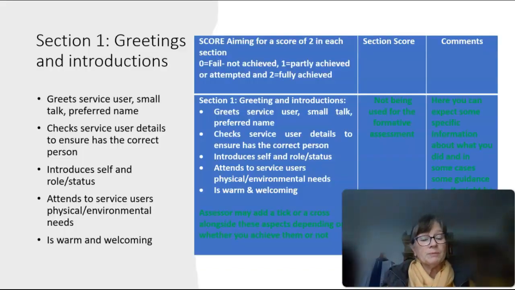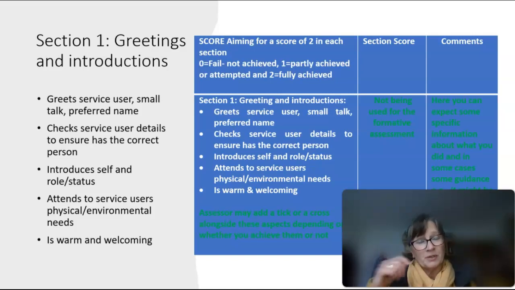So section 1, and the bit in blue is just to give you an idea of what's on the actual form. We're not going to score it, so there's not going to be any scores for the formative, but there will be comments. So specific comments about what you did, maybe some guidance on what you could do, and you might find that your assessor has put a tick by, yes, did you greet the service user?